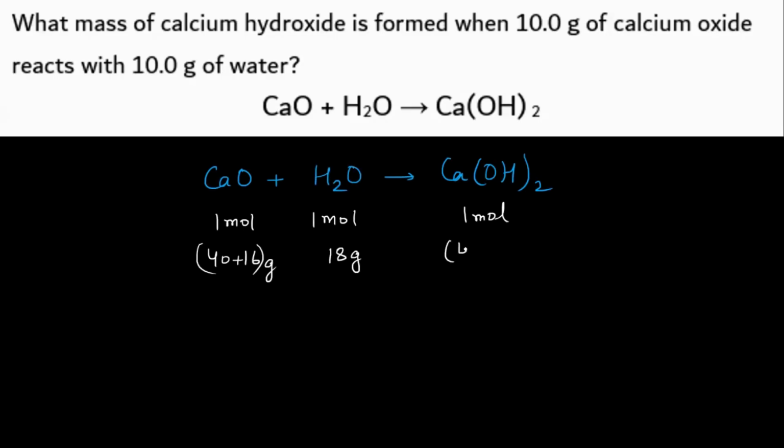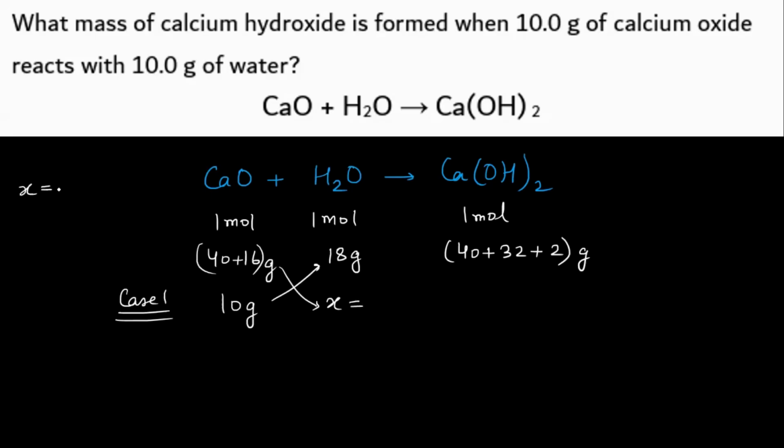This is 40 plus 32 plus 2 grams. Now case 1, we will take the calcium oxide mass, which is 10 grams. Again, using the mole ratio, we will find the mass of water required to react. We will use the unitary method, and X comes out to be 10 into 18 divided by 56, which is equal to 3.2 grams.